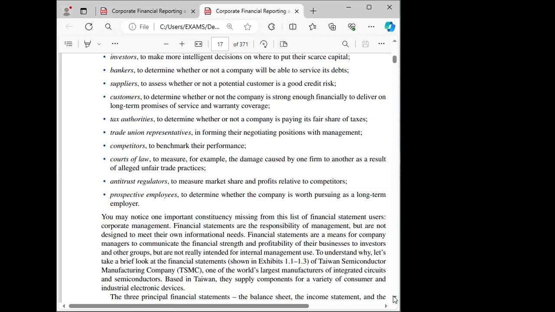Then the last group are new employees, prospective employees. So, for example, if you are recruiting for a manager, or you want to recruit new, capable, and highly sought after employees, you need to show that your company is going to be there for a long time.